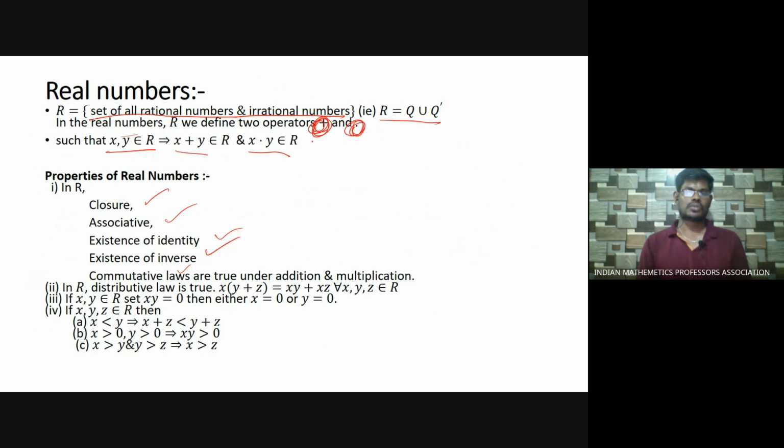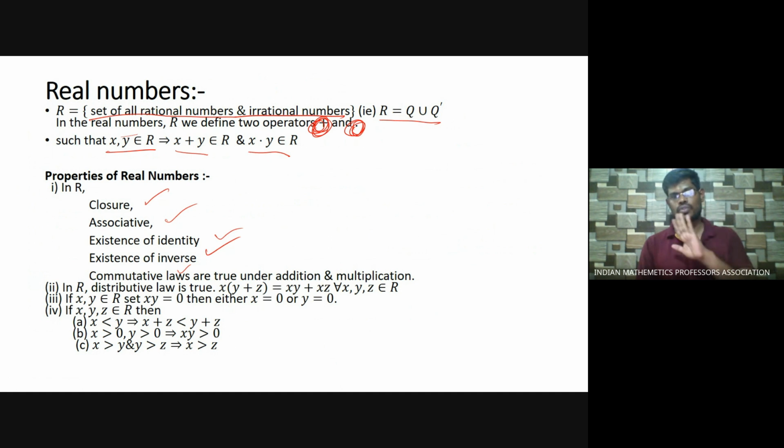The set of all rational numbers and irrational numbers should be defined with the two operations, addition and multiplication, and should satisfy closure, associative, existence of identity, existence of inverse, and commutative law.